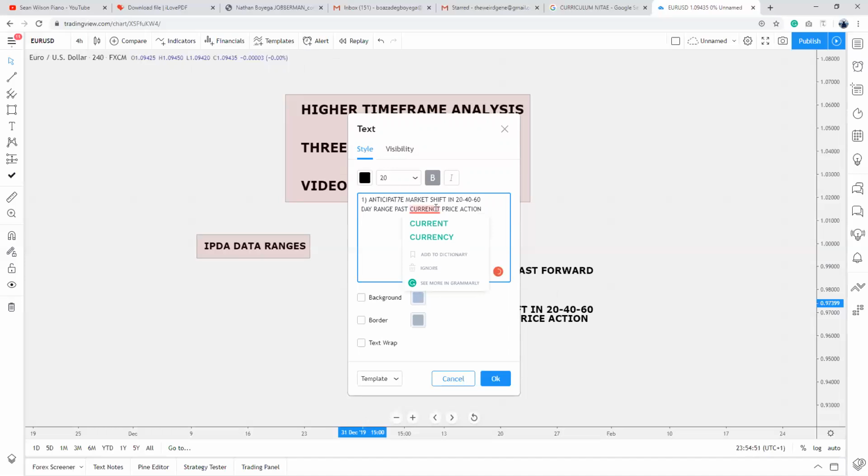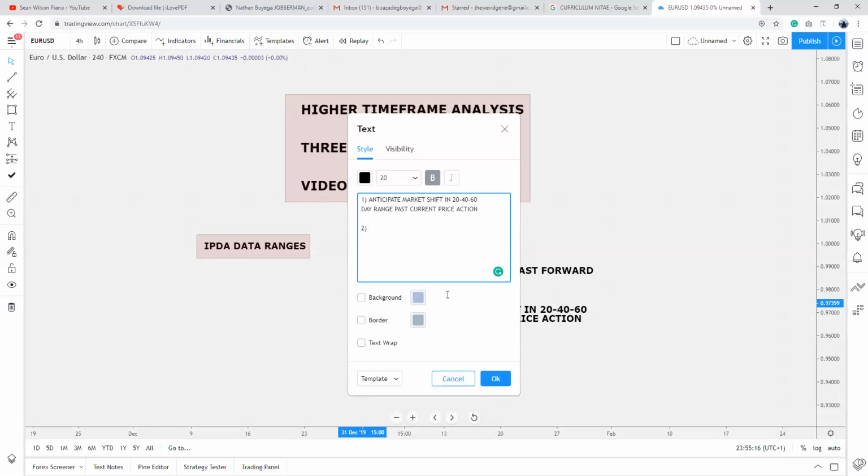When you say forward, what do you mean by forward? There are always going to be people asking questions, so I'm trying to make sure everything's clear. So you anticipate the market shift in a 20, 40, 60-day range past current price action. So you're looking forward, expecting what price can do. The key word there is anticipate.